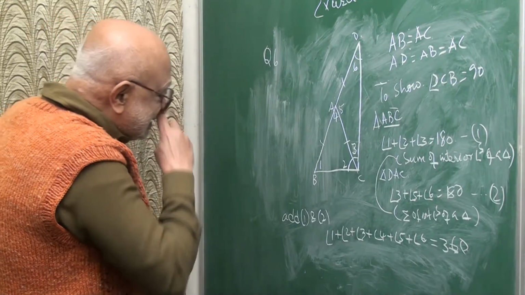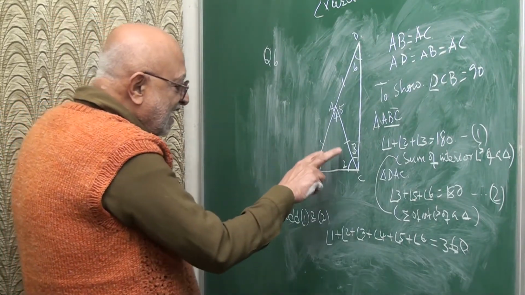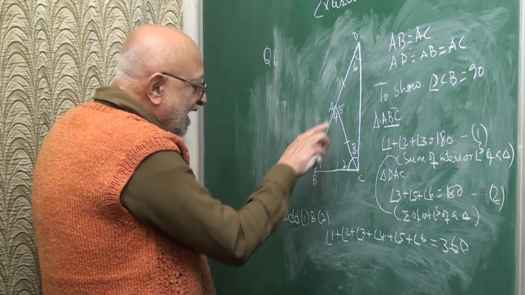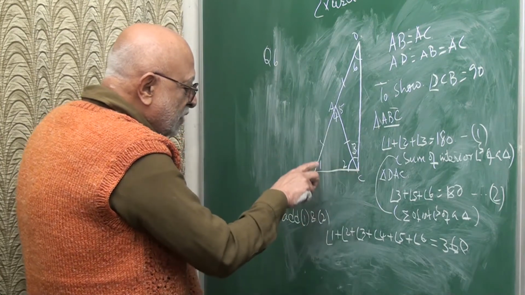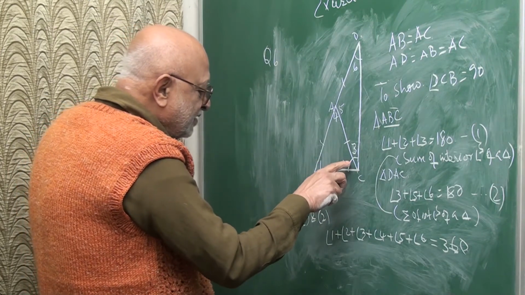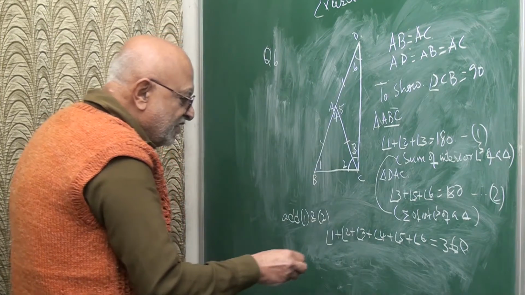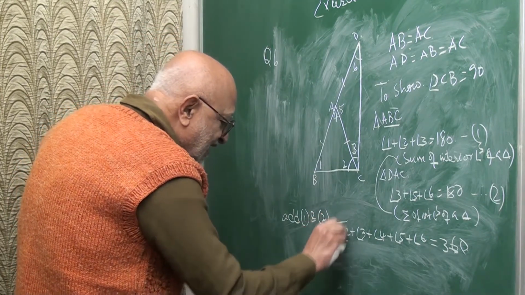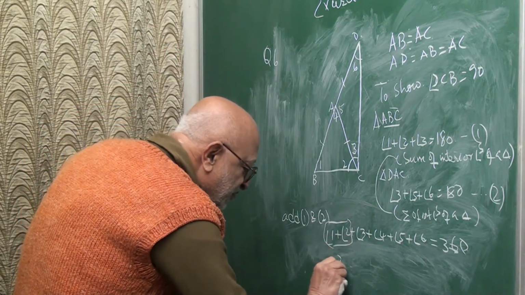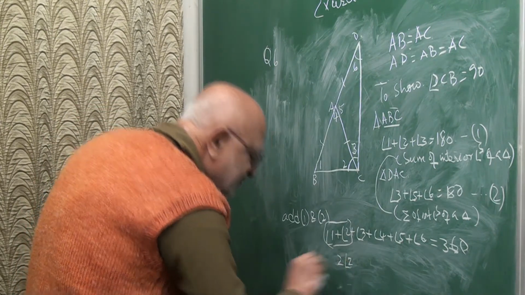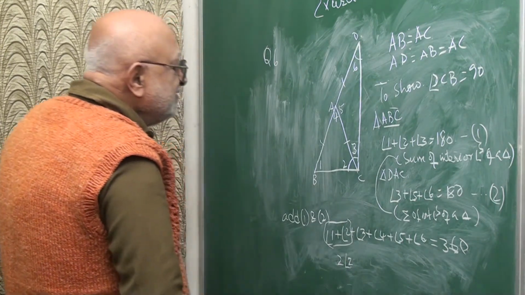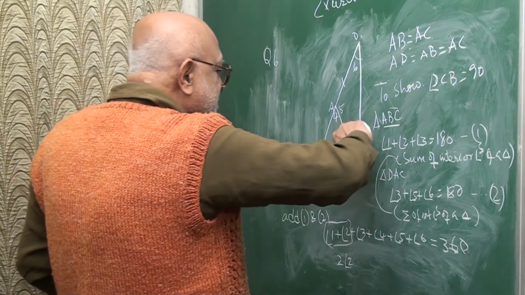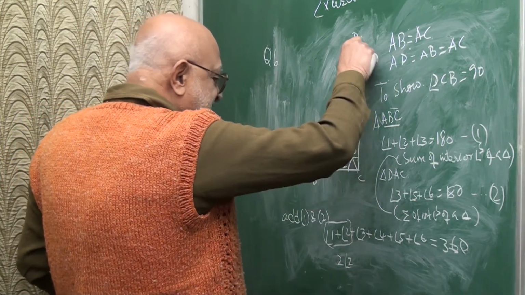Okay, now let us see. These are isosceles triangles, so angle 1 is equal to angle 2. So instead of writing these two, I write 2 into angle 2. Then this is also an isosceles triangle, 3 and 6.